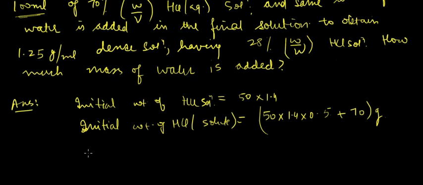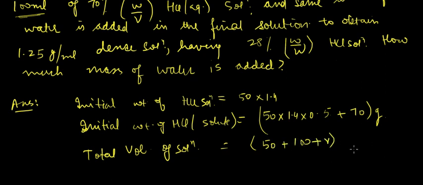Okay, so the total volume of solution would be 50 plus 100 plus V, where V is the water added.